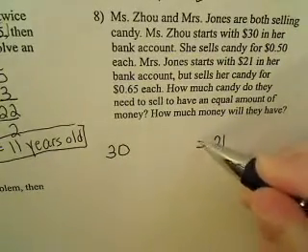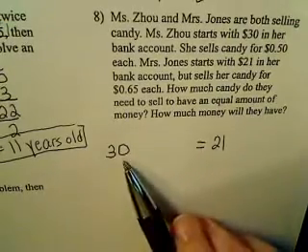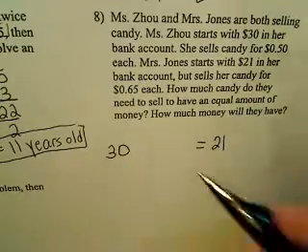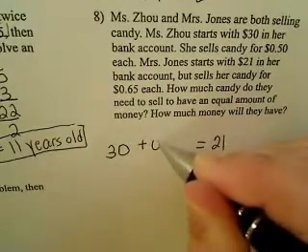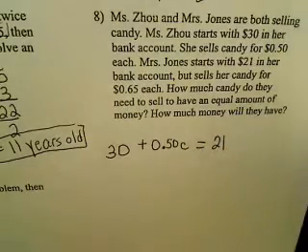So we want these two to be equal. So I'm going to put an equal sign in between these two mathematical expressions. So she starts with 30, and then she makes 50 cents per piece of candy.